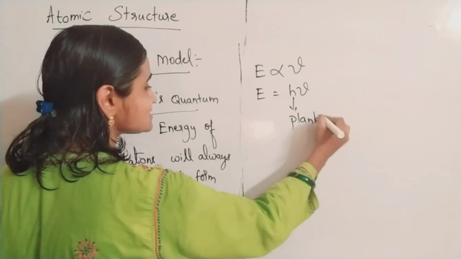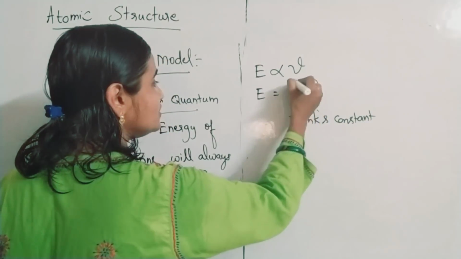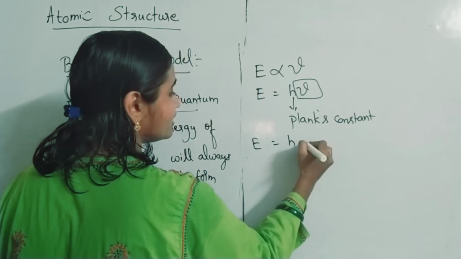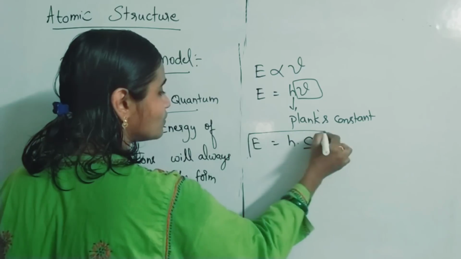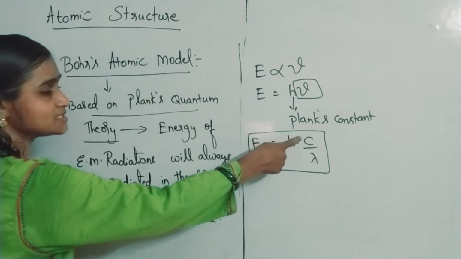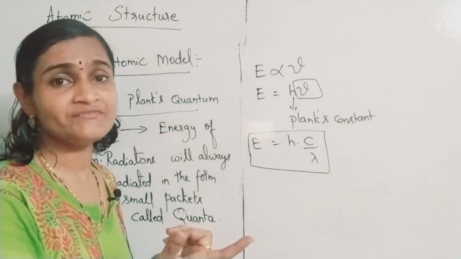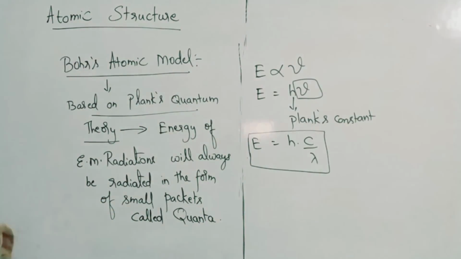This nu can also be written as c by lambda. So E is equal to h c by lambda. This is what you call Planck's equation, where c is the velocity of light and lambda is the wavelength of that respective electromagnetic radiation. So this is quantum theory.